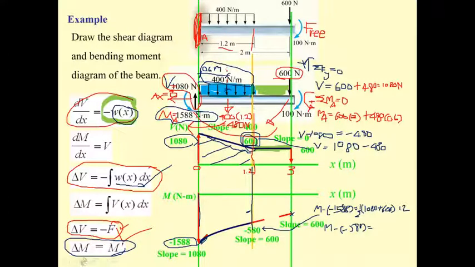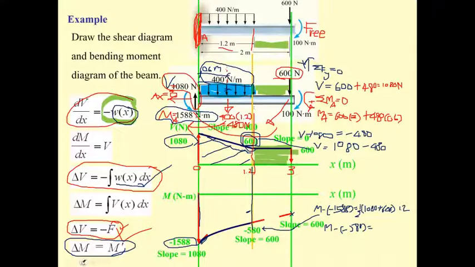The area here is going to be 600 times the distance, which is 0.8.